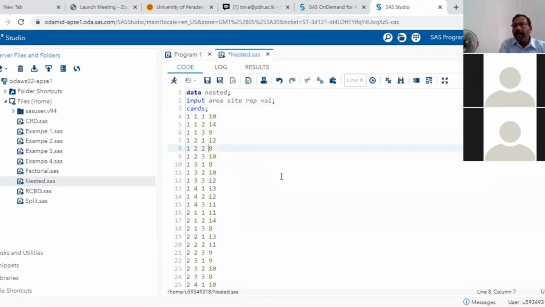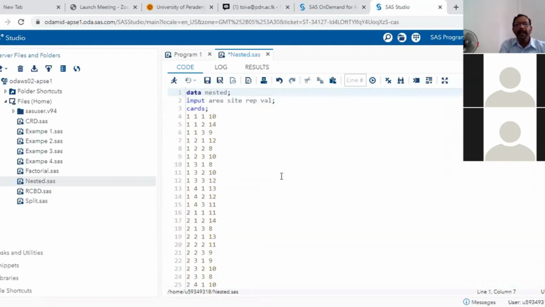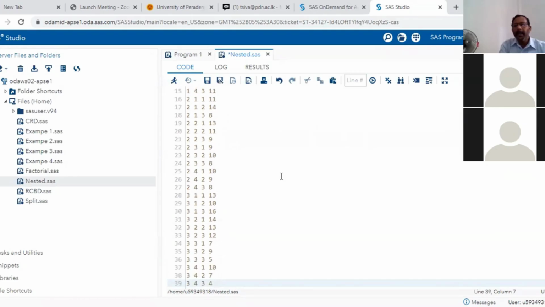I hope everybody could have entered the data because I told you to enter the data. Anyone has a problem in entering data? Indujalini, have you entered the data in your computer? Yes, sir.